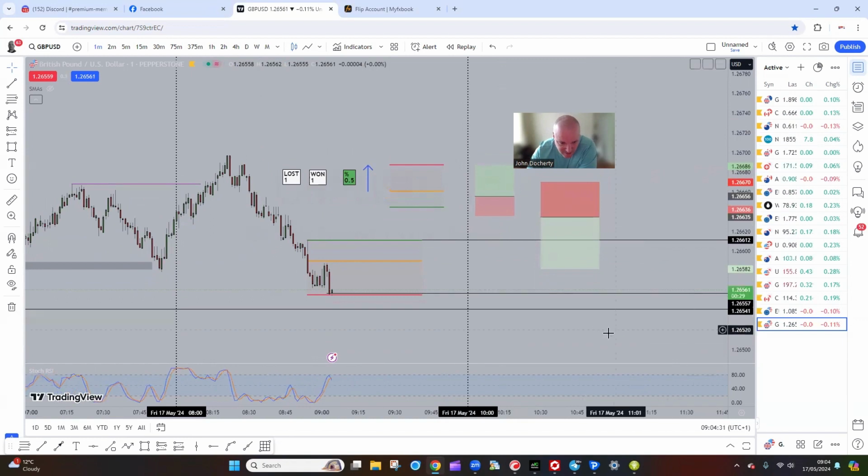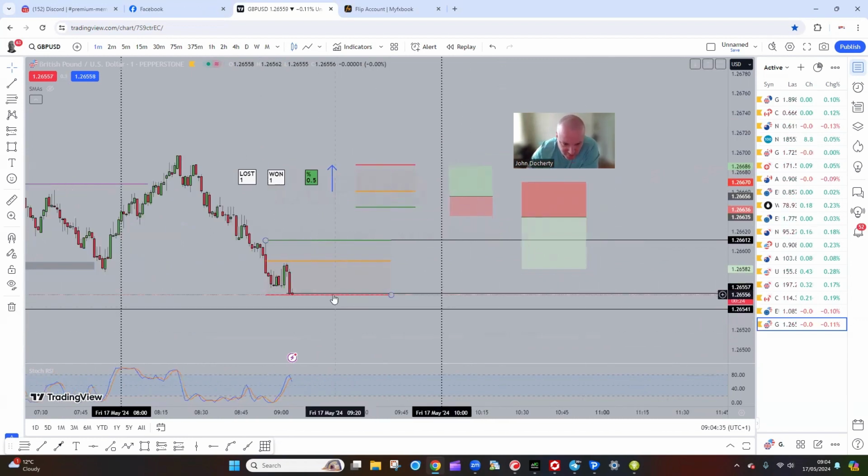Again, guys, like I said, we've got a breakout candle here, waiting for the separation. This is going to break again by the look of it.